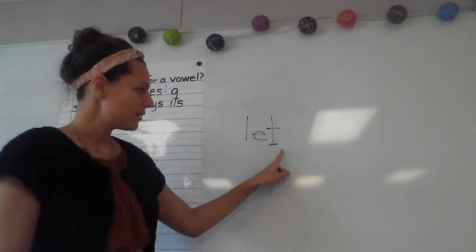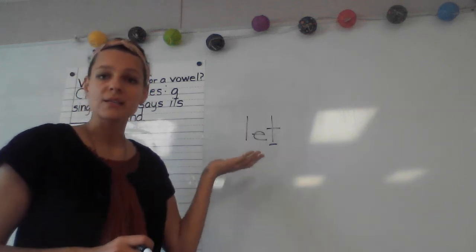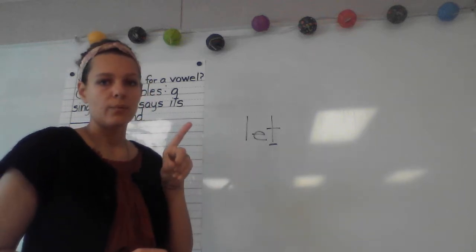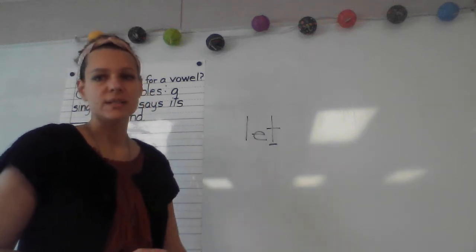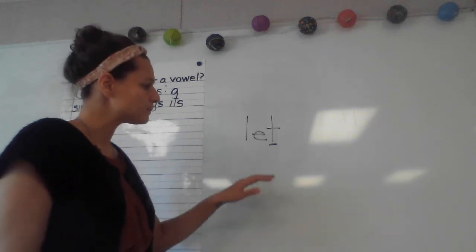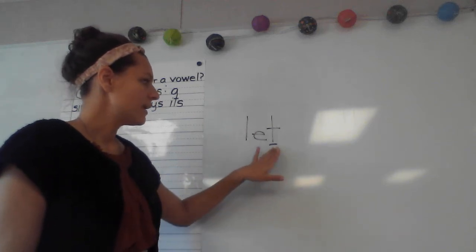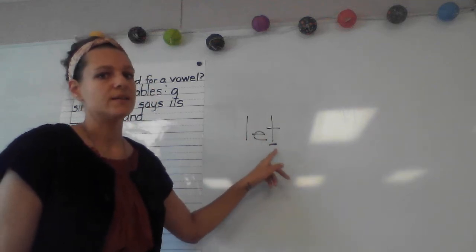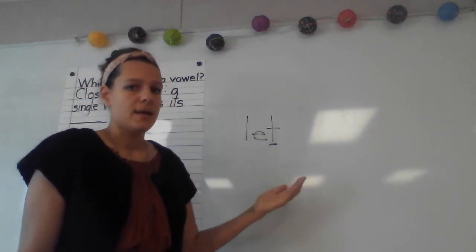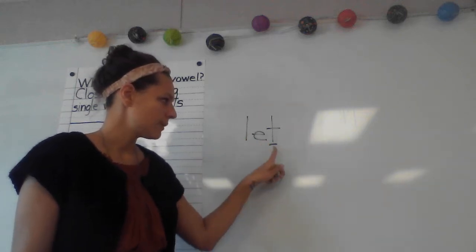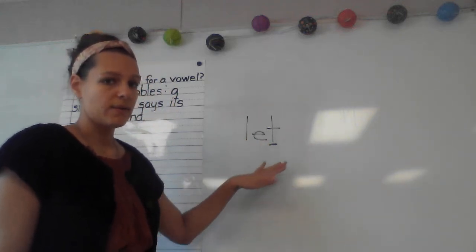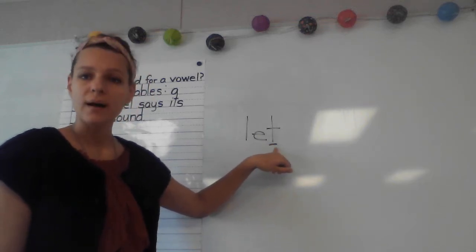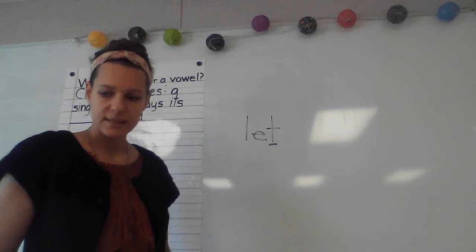This word is also a syllable because it's just one syllable. We have words that are just one syllable and words that have more. This one is closed because after the vowel, there's a consonant. That acts like the door and it closes up the syllable. Any syllable that ends with a consonant, we call a closed syllable.